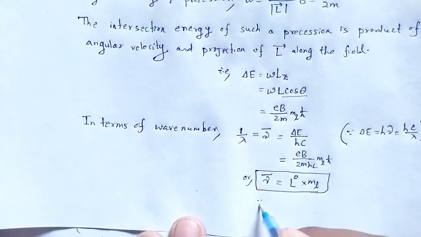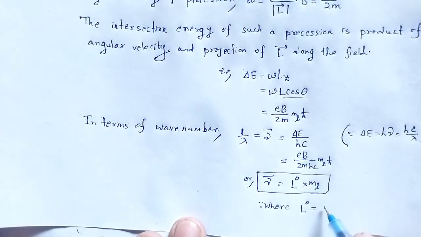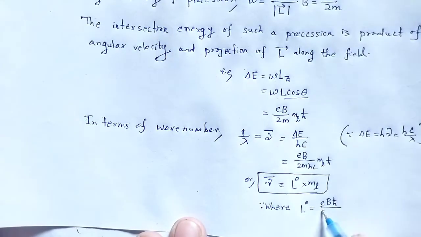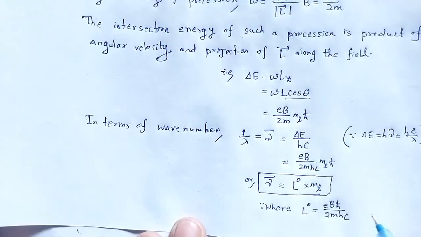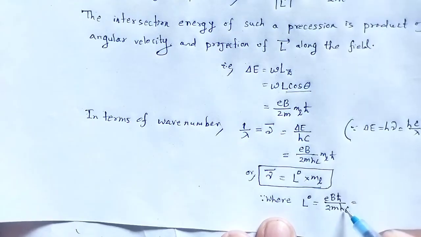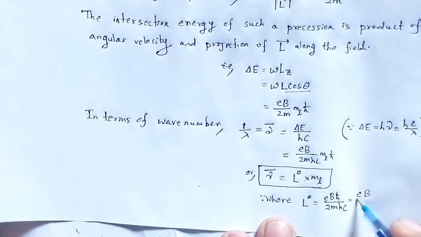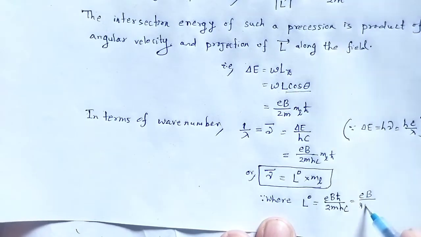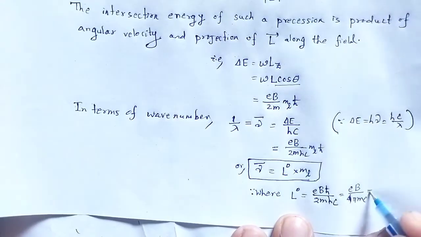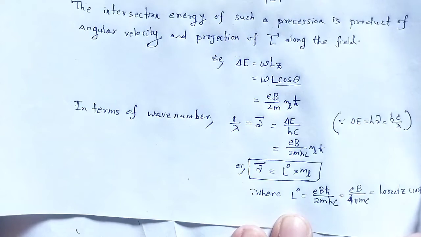where L naught is equal to e B h cross divided by 2m c, which in terms of Planck's constant, h cross is equal to h by 2 pi, h is cancelled out, it will be e B divided by 4 pi m c, which is known as Lorentz unit.